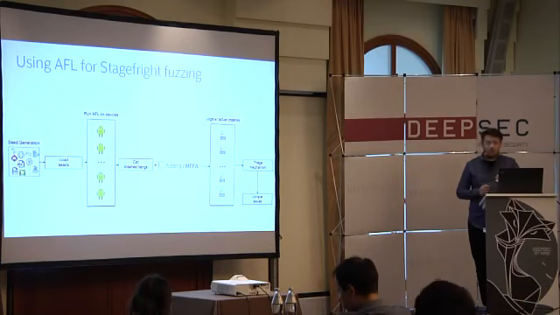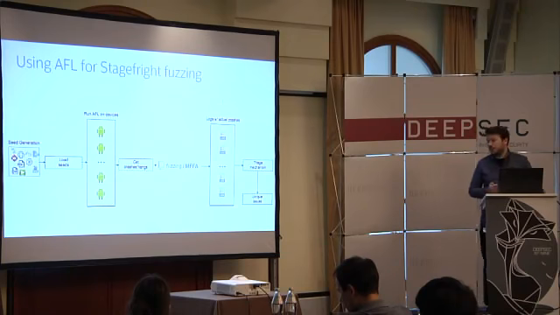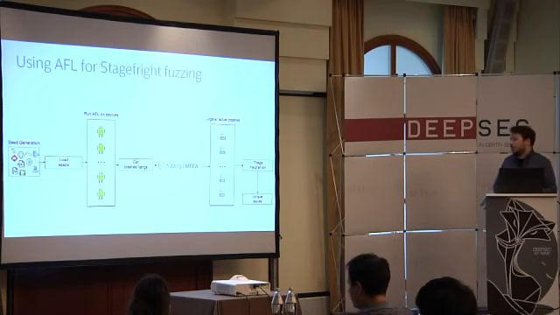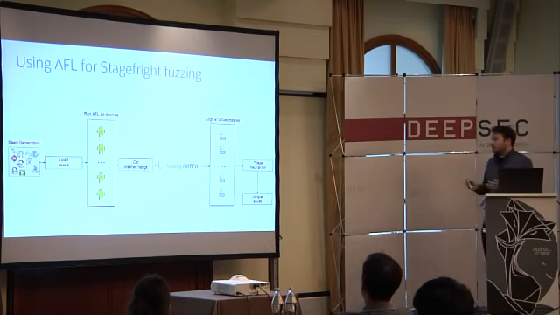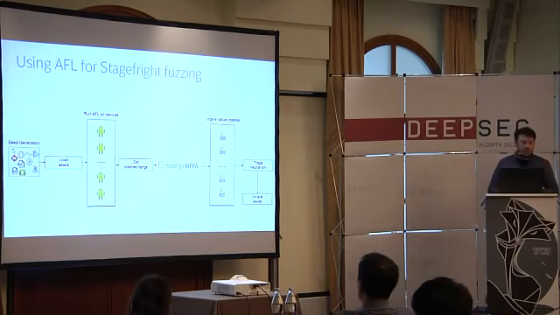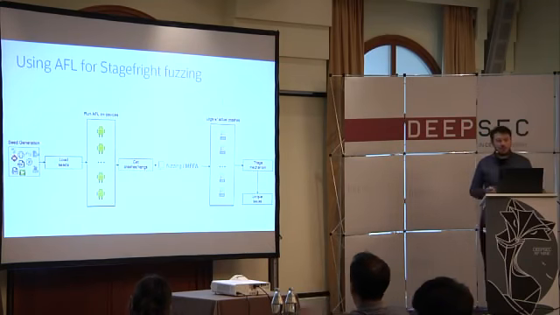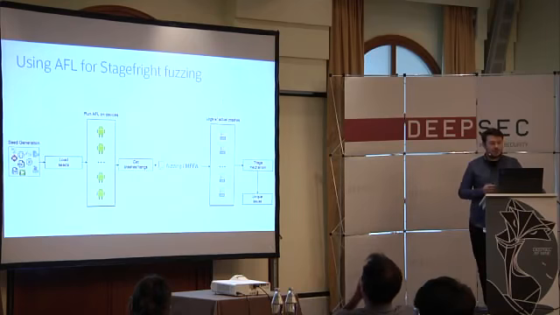This is how we used, and we are still using, AFL alongside our custom-built fuzzer to perform fuzzing campaigns against the Stagefright media framework. So this would be the fuzzing flow. We have the seed generation phase, where we generate valid media files. We obtain this by leveraging the functionalities provided by the FFmpeg tool.